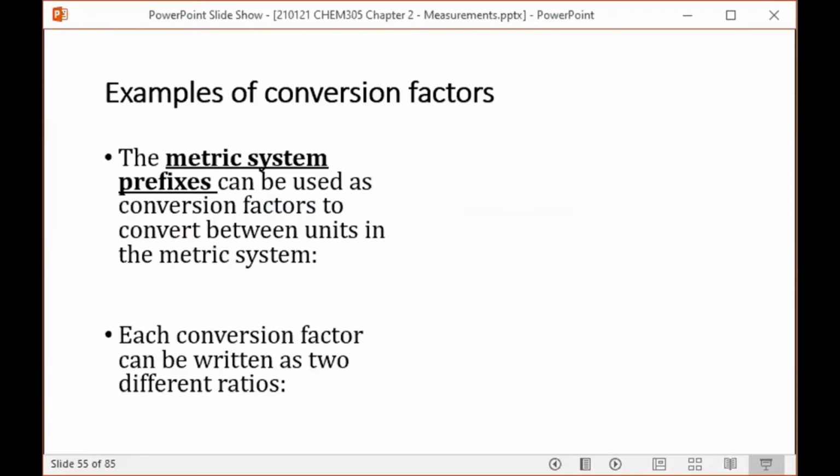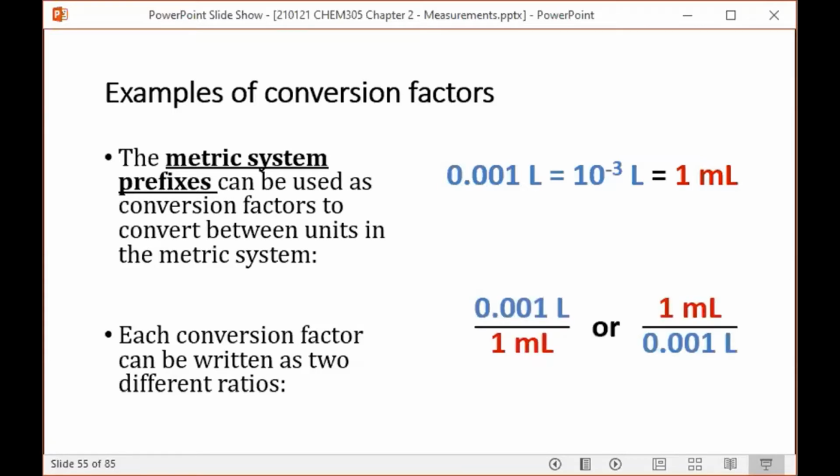The metric system prefixes can be used as conversion factors to convert between units in the metric system. We know from the prefix table that 0.001 liters, or 10 to the negative third liters, equals 1 milliliter.